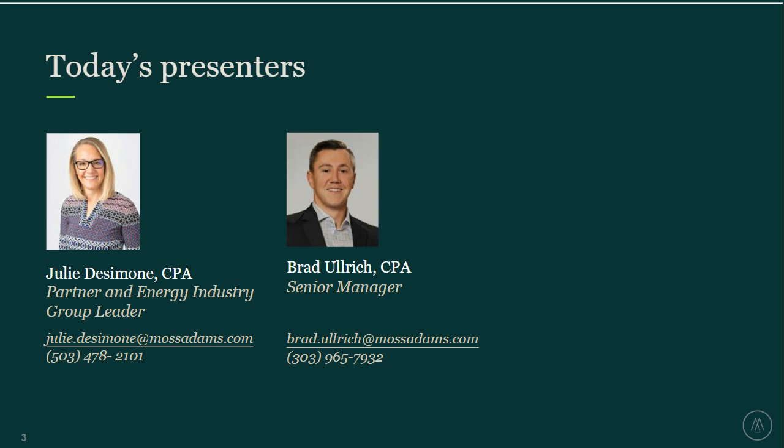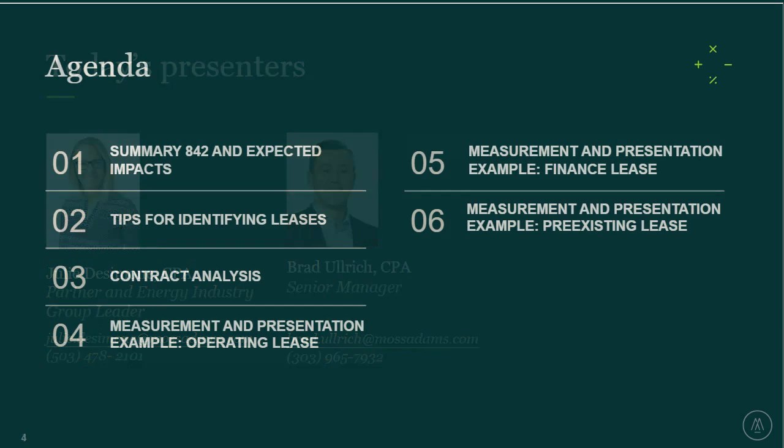All right, let's get into the agenda. Here's what we want to talk about today. We're going to get a quick summary of 842, because we always have to set the stage in any of these types of webinars, and some of our expected impacts. We want to talk to you about tips for identifying leases, because we also see this as a pretty massive pitfall with this standard.